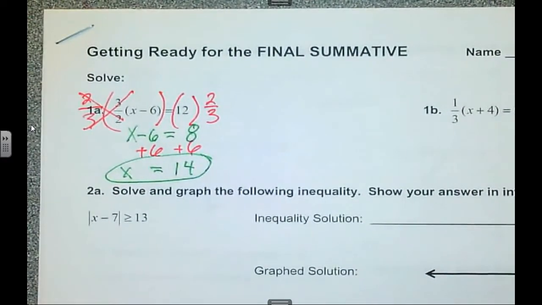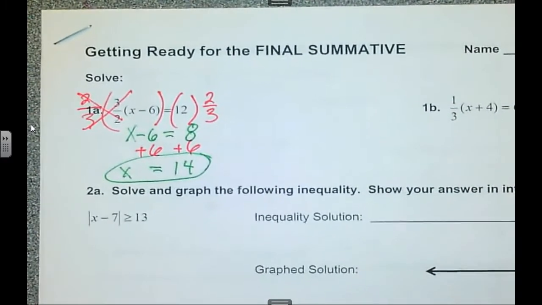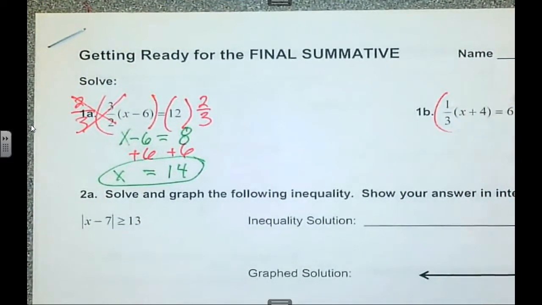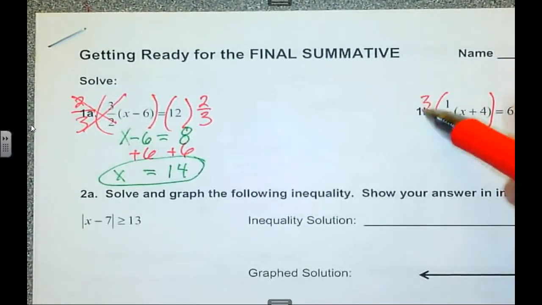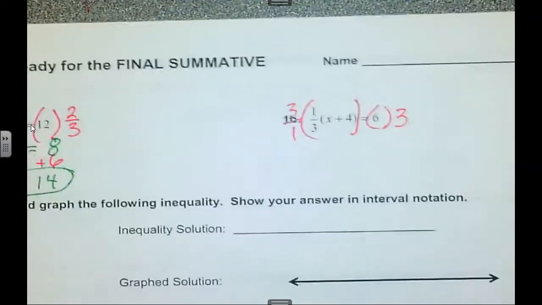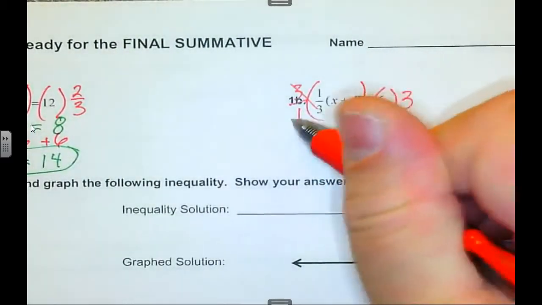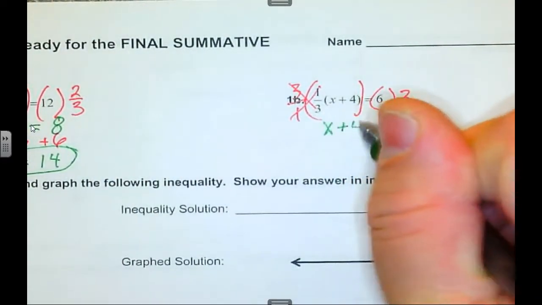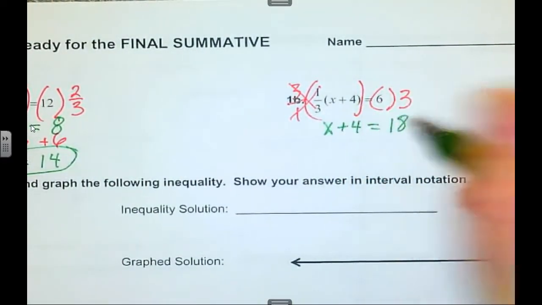Okay, 1B. Multiply both sides by 3/1 or 3. These cancel the 1. I get my x plus 4. 6 times 3 is 18.